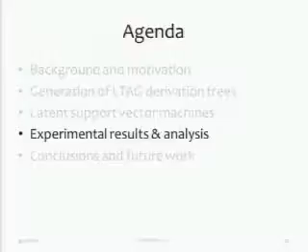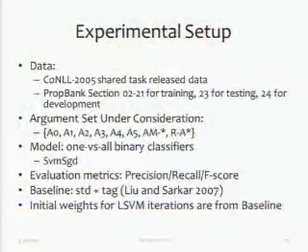So, experimental results and analysis. We evaluated our system on the CoNLL 2005 shared task data. The standard setting is PropBank sections 2 to 21 for training, 23 for testing, and 24 for development.